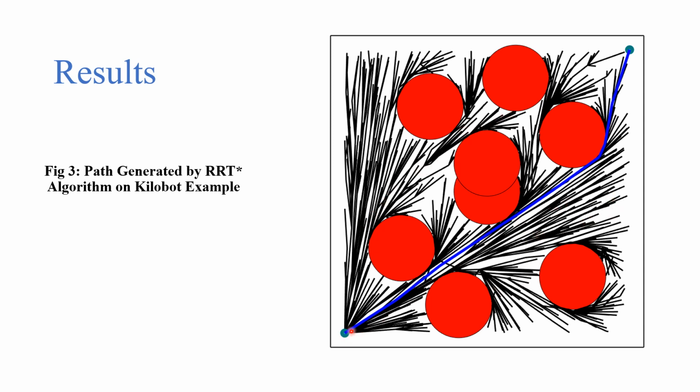We can also see that the RRT star algorithm is able to find the optimal path. As we can see here, straight lines from here to here, and then a straight line from here to here. So the RRT star is asymptotically optimal, that is, given that the number of nodes tends to infinity, we are assured that we're going to find the optimal path.